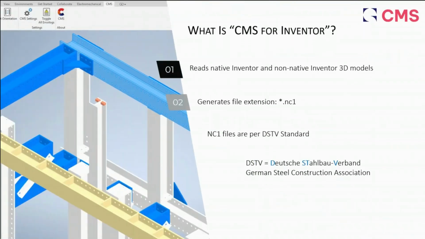From the name, it's very obvious that we're going to work on your native Inventor models. On top of that, as we mentioned in the very beginning, we can support non-native Inventor models as well.